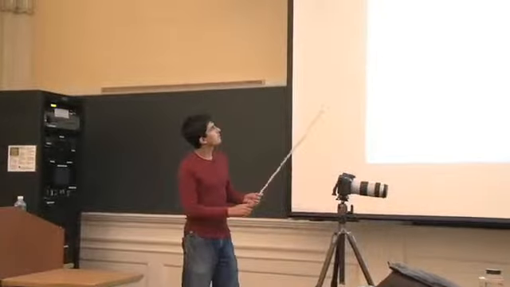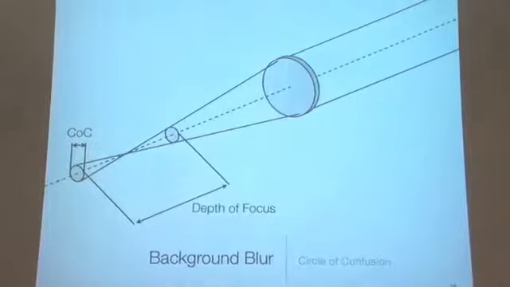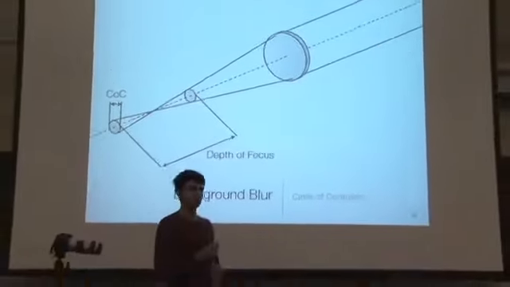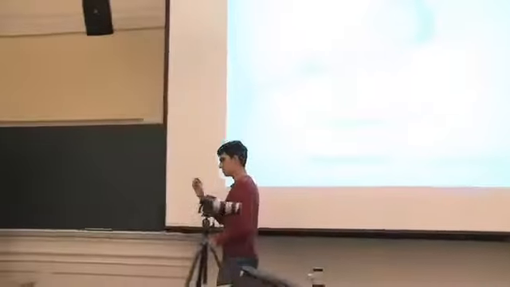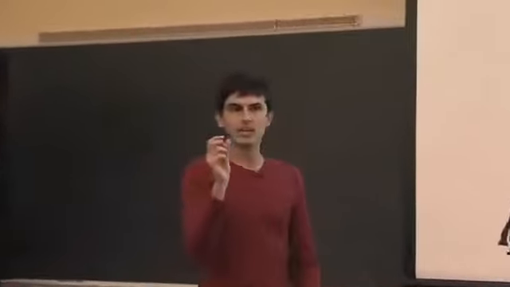I've marked here something called the COC, or the circle of confusion. I really wish whoever came up with that didn't call it that, because I think it just makes it more confusing. But you can think of this circle of confusion as being sort of the smallest little pixel, so to speak, that is allowed for us to make something sharp.